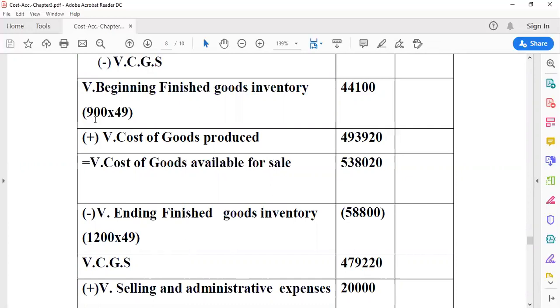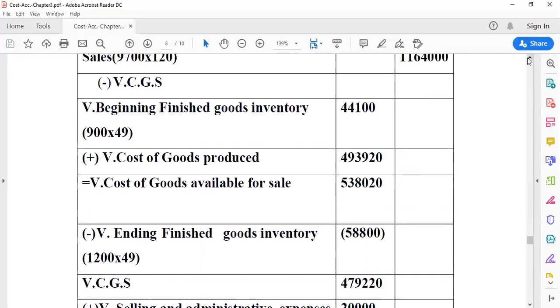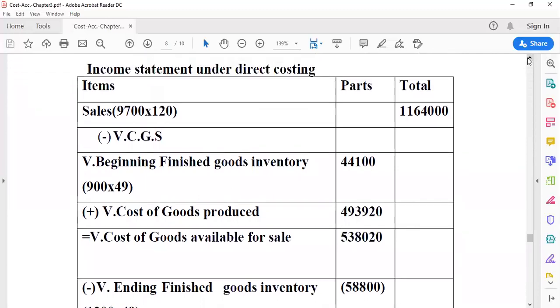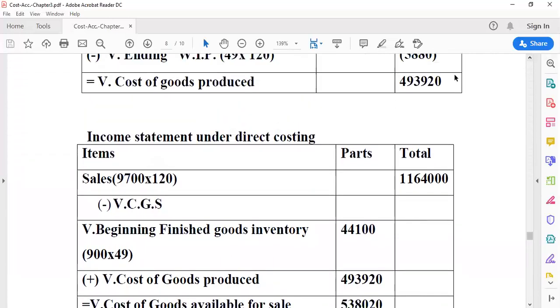Because we subtract the fixed amount of fixed overhead from our calculations. We separate this amount. So to calculate the variable beginning finished goods inventory, we need the equivalent units of beginning finished goods times 49. Okay, and then add it to the variable cost of goods produced, which we had calculated before, which is this amount.